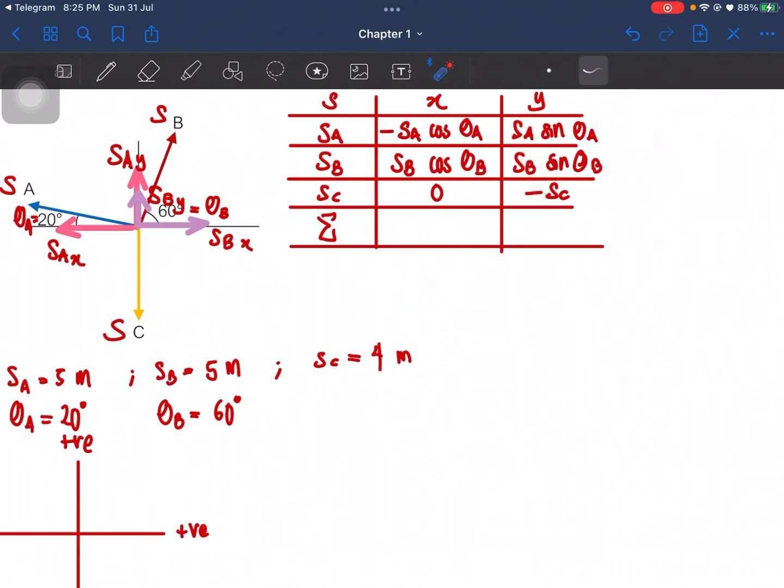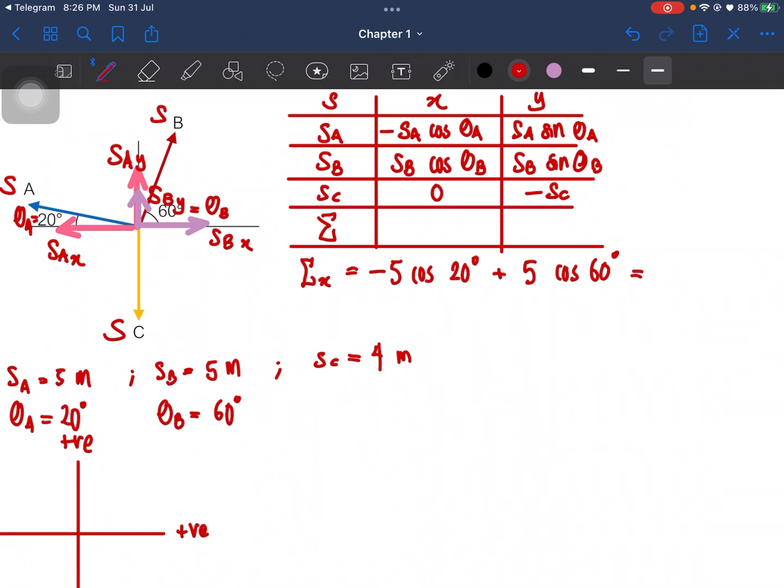Okay? Okay, now you are gonna total it up, add all of this together. So you will get, I forgot, so I deleted. I erased it just now. Oh my god. Okay. But it's okay. So this is gonna be the total at the x component. So this is gonna be negative 5 cos 20 degree plus 5 cos 60 degree.